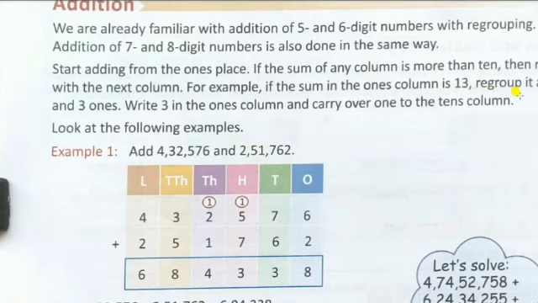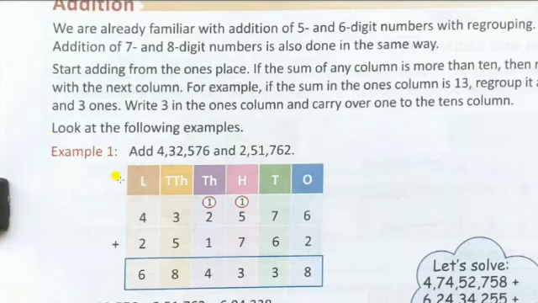Regroup it as 1 ten and 3 ones. The ones digit will be written in the bottom calculation part and the ten value will be taken as remainder. So write 3 in the ones column and carry over 1 to the tens column. This way we will proceed with the process of calculation.